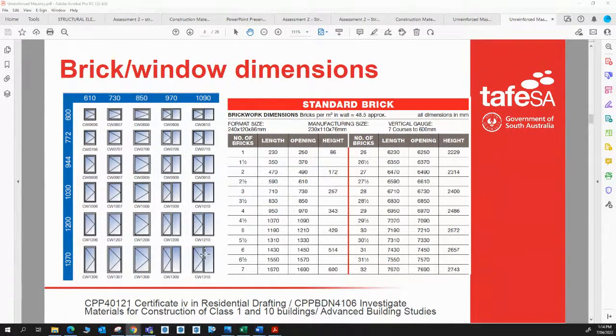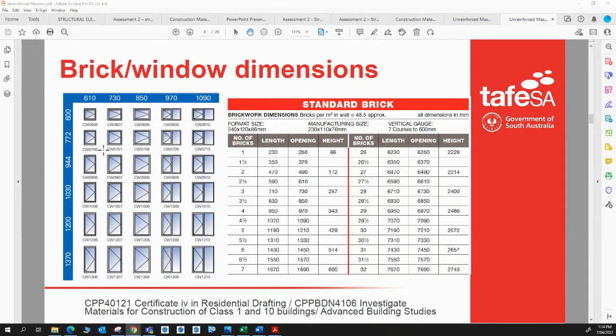So here we can see a lot of commonality between brickwork heights and our standard size doors and windows. On the first column here of our windows, the 600 high series lines up exactly with the height of 7 bricks. So that opening is 600 high, and then another 2 bricks is another 172.